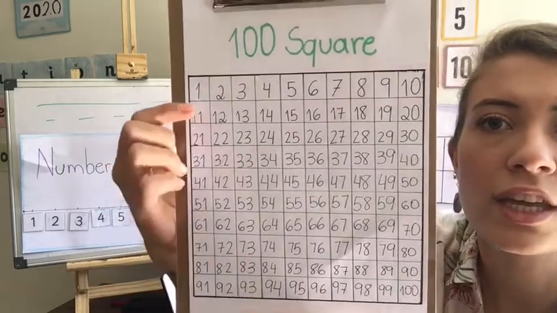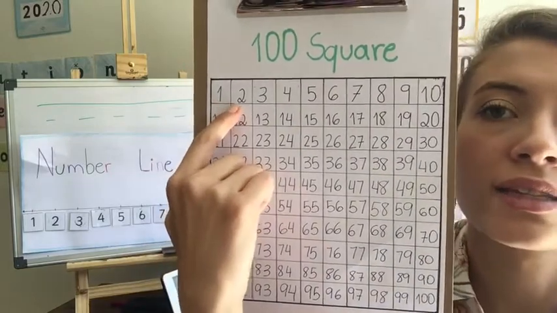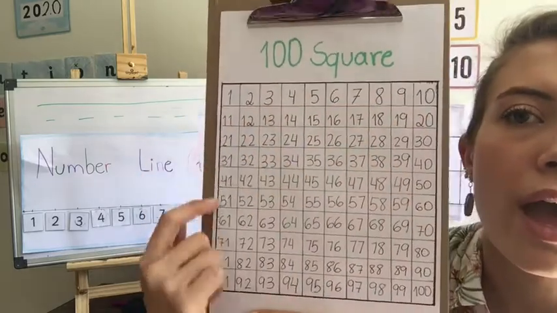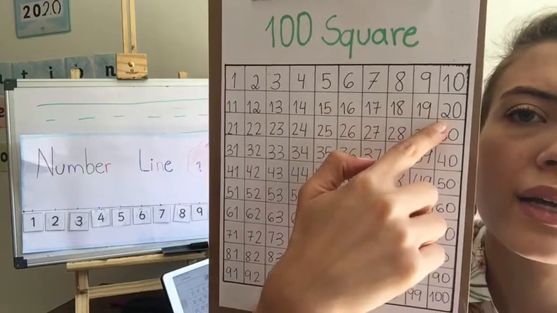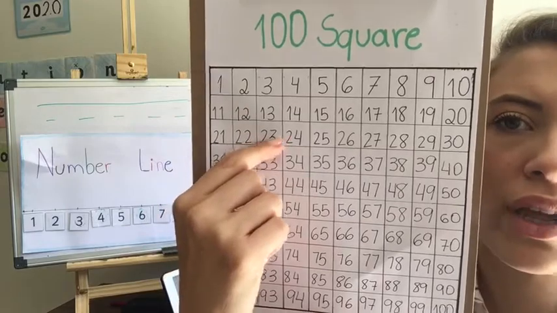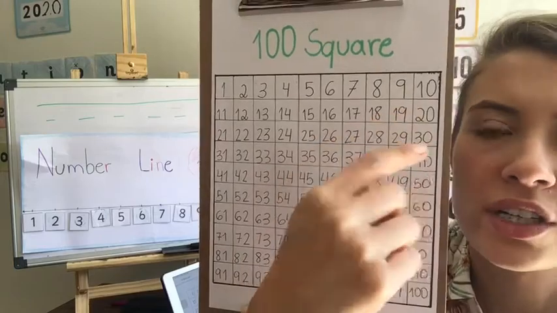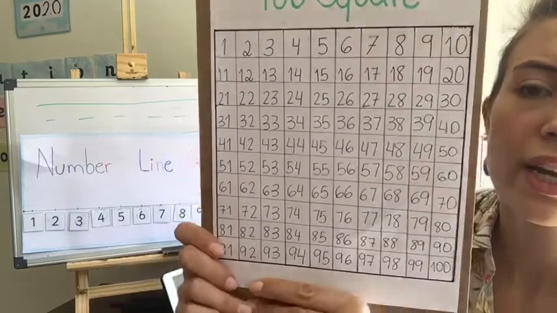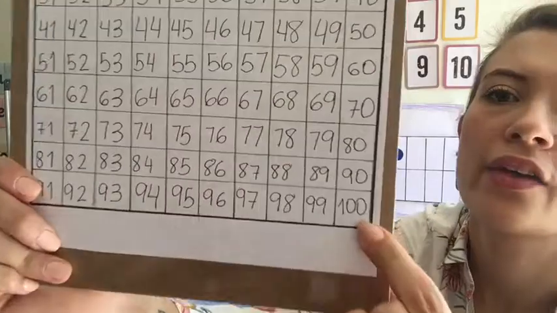As you can see here, we start at the number 1, and we go along the line in the sequence 1 2 3 4 5 6 7 8 9 10, and then 11 12 13 14 until number 20, and then 21 22 23 24 25 26 27 28 29 30, and then the numbers keep growing, and we are going to finish the 100 square at the number 100.